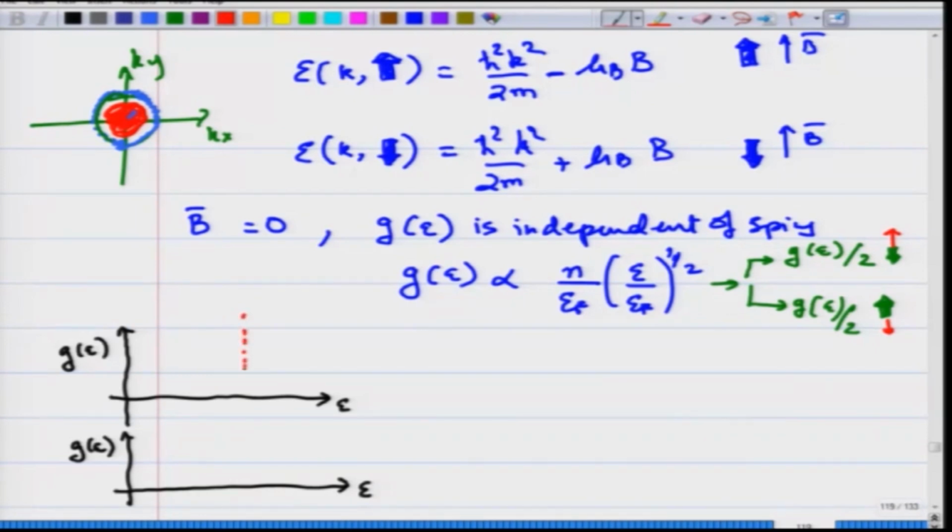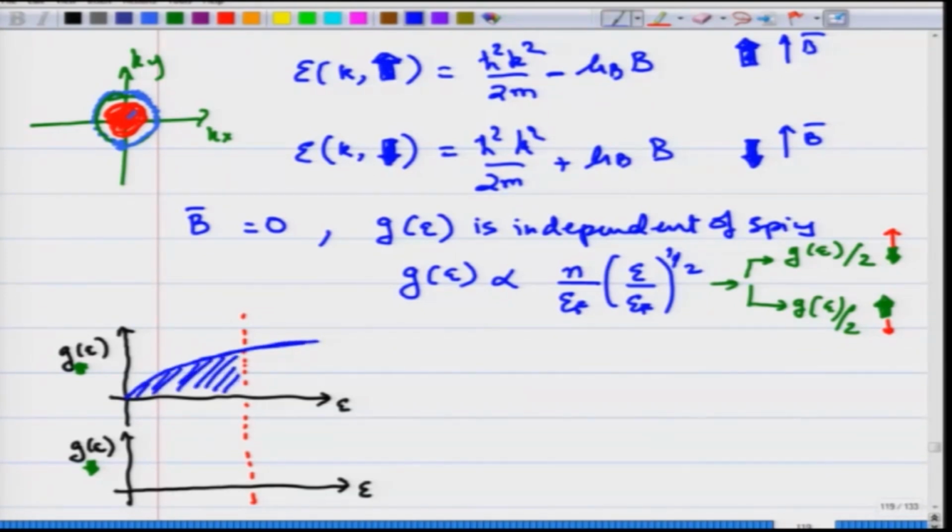Somewhere we have the Fermi energy. This is the density of states for the spin up electrons, or magnetic moment pointing up, and this is magnetic moment pointing down, and the density of states is going to go as E raised to half.